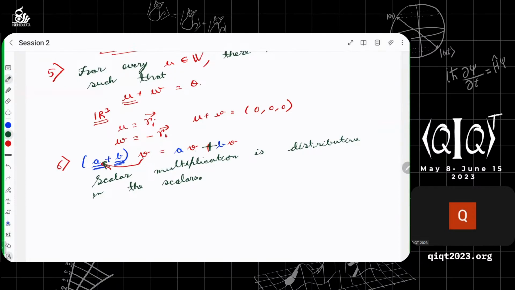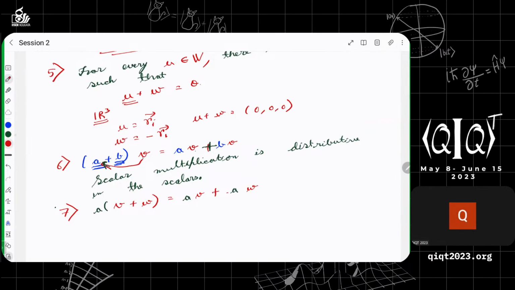So basically it's getting distributed over the scalars. And analogously, we can have a corresponding thing for the distribution of scalars over vectors. And that would look something like a times (v plus w) equal to a v plus a w.